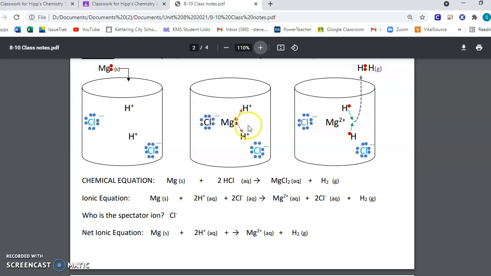Before the reaction, we had two H pluses floating around. There they are. After the reaction, we had H2 gas. There it is. So H went from being H plus to H2 gas. It changed. So when we do the net ionic, we just take a look at which ones did change. We get rid of the one that didn't change.